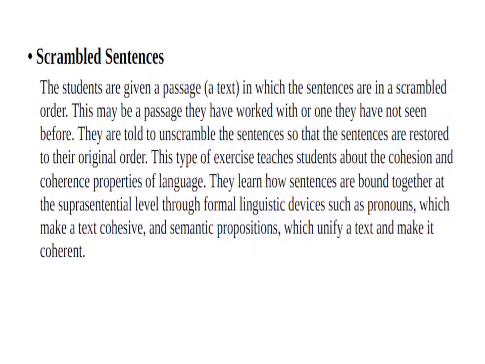The students learn how sentences are bound together at the suprasentential level through formal linguistic devices such as pronouns, which make a text cohesive, and semantic propositions which unify a text and make it coherent.